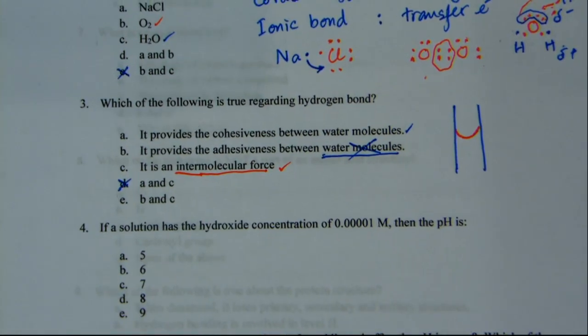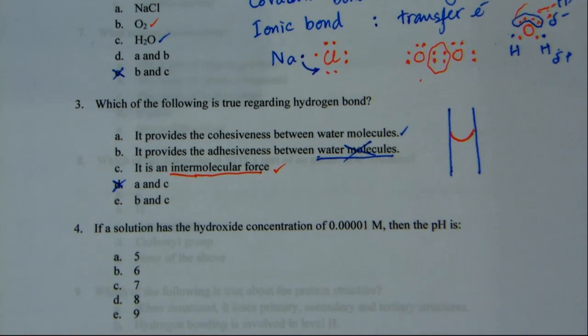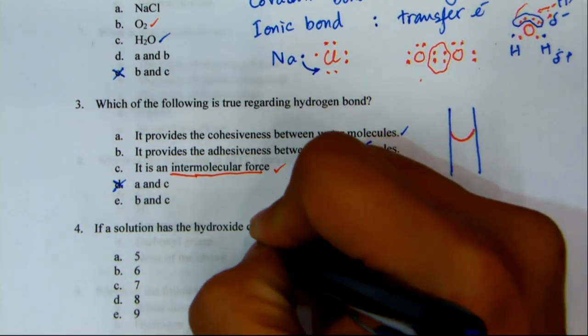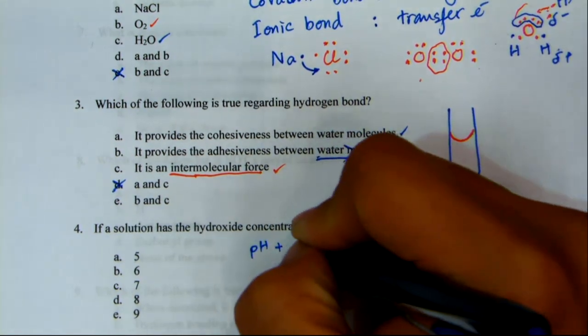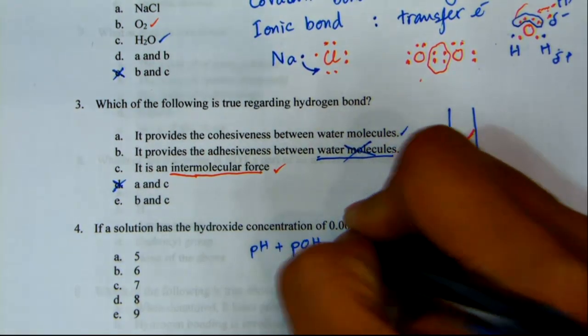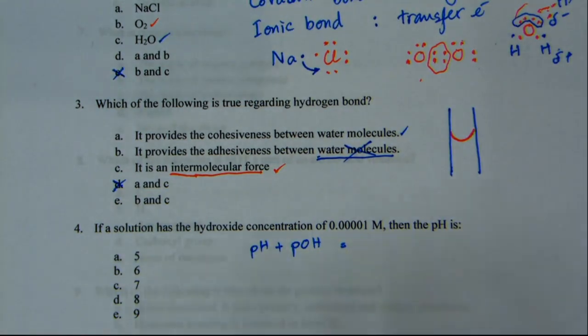Next one. If a solution has a hydroxide concentration of 0.00001, then the pH is equal to what? First of all, when we do pH problems, the two major formulas we need to know are: first, pH plus pOH has to equal what? 14, right?